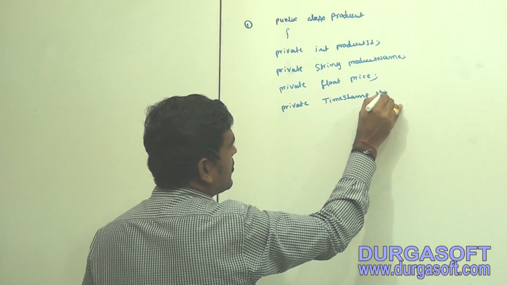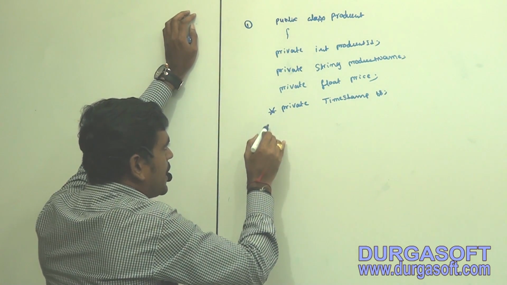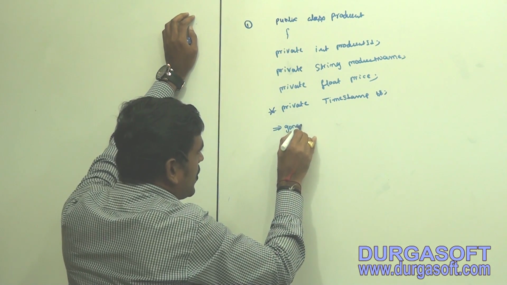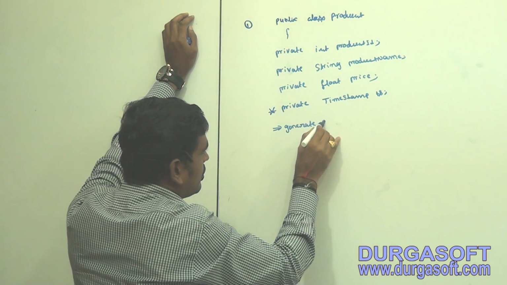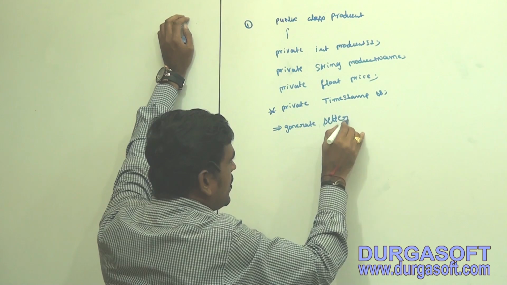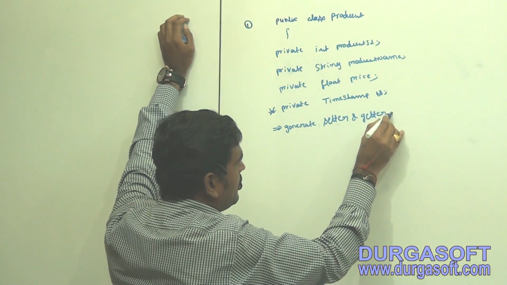Okay, TS. Now generate the setter and getter for this property. Generate setter and getter methods.